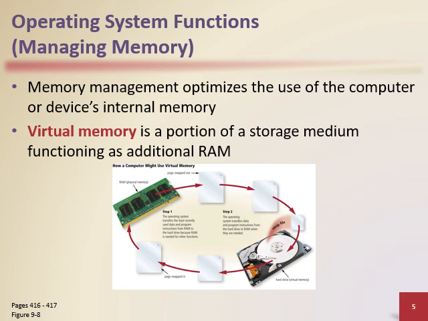If you look at this diagram, you see there are lots of programs open in the RAM. If it is running out of space and you open a new program, it will take one program that you are not currently using and move it to the hard drive. That is known as the swap file.